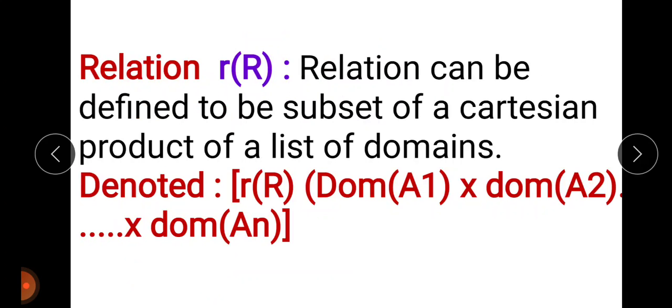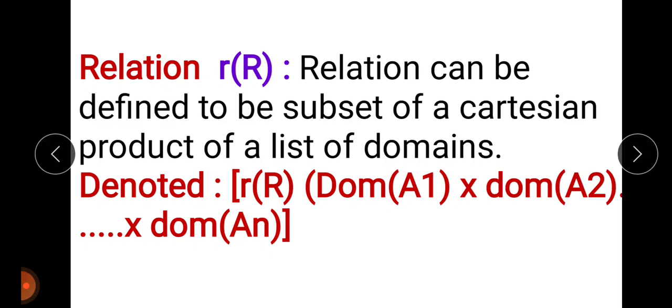Next we are going to see the relation. Relation r(R), small r within parenthesis of capital R. A relation can be defined to be a subset of a Cartesian product of a list of domains. It is denoted by small r of capital R, equal to DOM(A1) x DOM(A2) x ... x DOM(An).